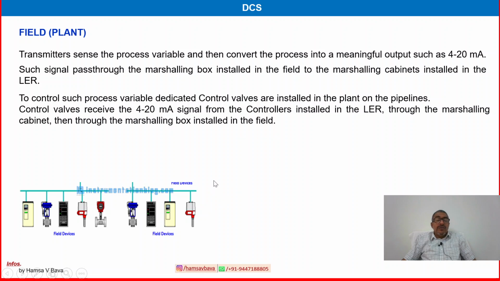So control valve is receiving the signal from the controller in LER through some other supporting devices like I2P, positioner, solenoid valve. Many details are there, but in general we can say control valve receives 4 to 20 milliamp signal from the controller. So that is important. Controller is an electronic controller.